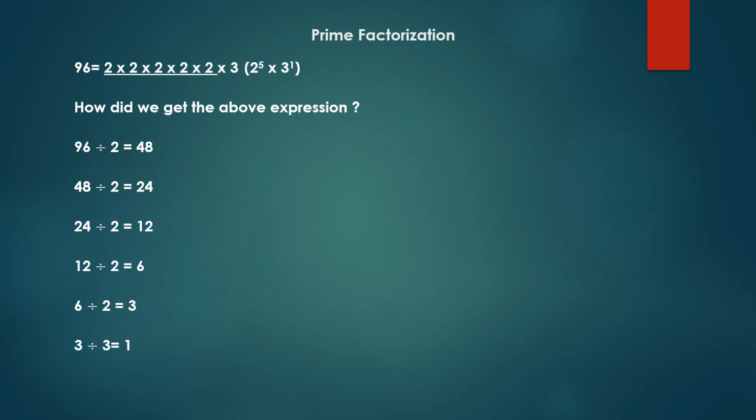Thus 96 has 5 2's and 1 3. And I write 96 equals, hence I prime factorize 96 into 2 multiplied by 2 5 times into 3, or 2 raised to 5 into 3 raised to 1.